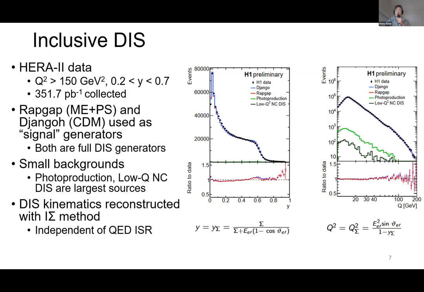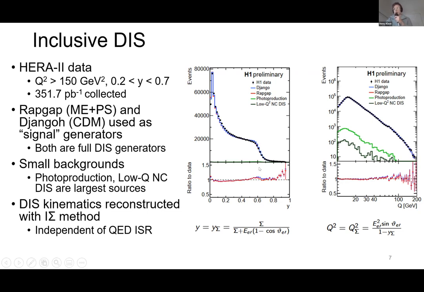The two signal Monte Carlo generators we're looking at are RAPGAP, which implements a matrix element plus parton shower approach, and Djangoh, which implements the color dipole model. And despite the name RAPGAP, both of these are full DIS generators. It's not just photoproduction.